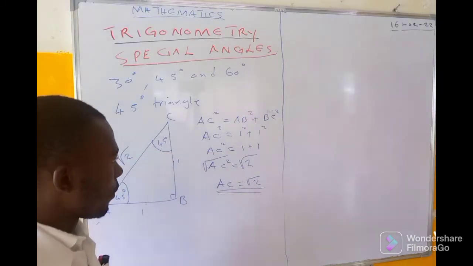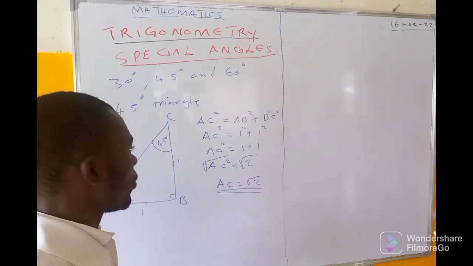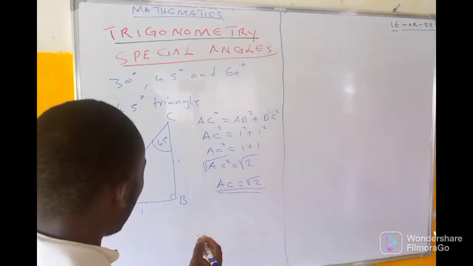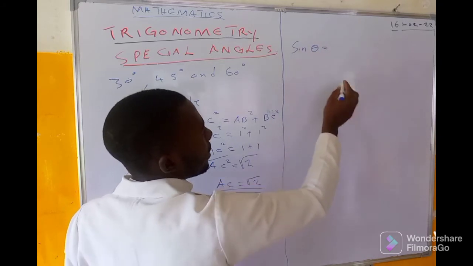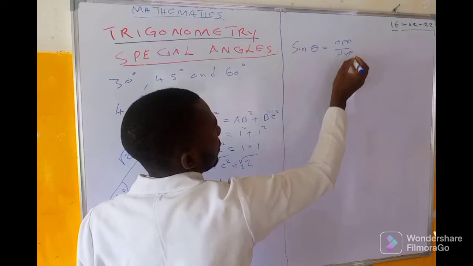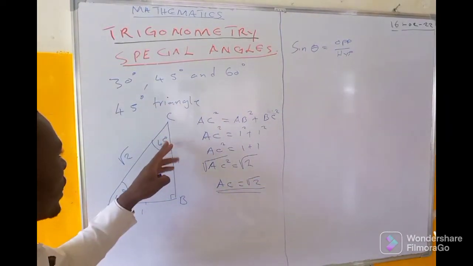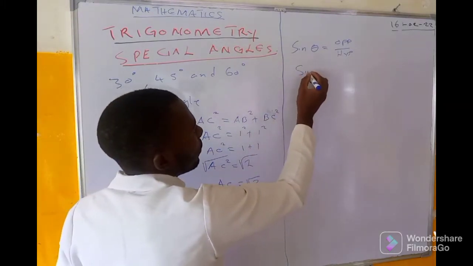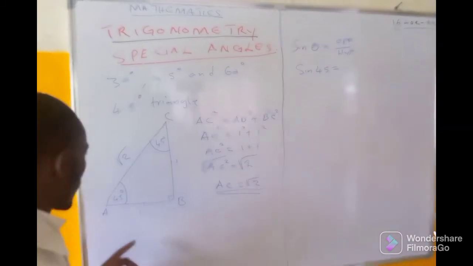From there now, we are going to introduce the three trigonometric ratios of sine, cosine, and tangent. So if you have sine theta, we say sine theta is equal to opposite over hypotenuse. What angle are we looking at? We are looking at the 45 degrees angle. So you are going to have sine 45 is equal to, what is opposite?